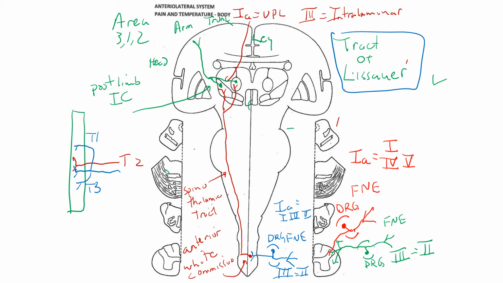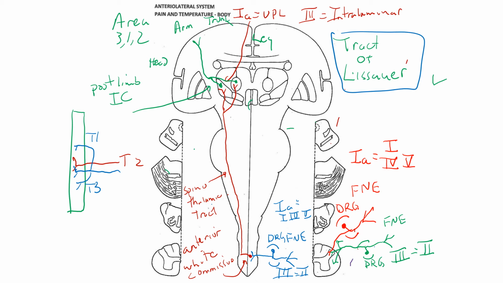But we know that there's two other parts to this. First of all, we have the pain modulation part. Now, the good news is that this system is going to use the same first order neuron. So everything that we said about that first order neuron is going to be the same.